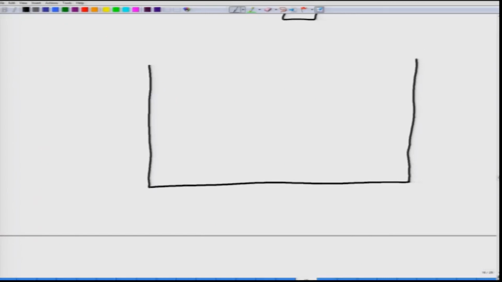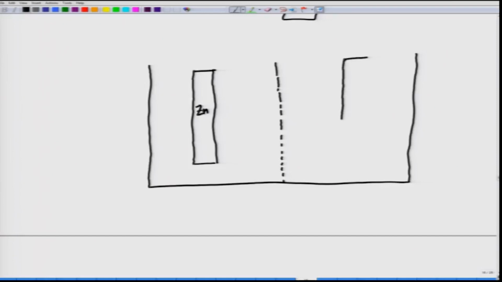Think of a big beaker which is separated by a porous membrane like this, a semi-permeable porous membrane, which selectively allows very small molecules to pass through it. You have a zinc electrode, you can keep on replacing it, and a copper electrode.